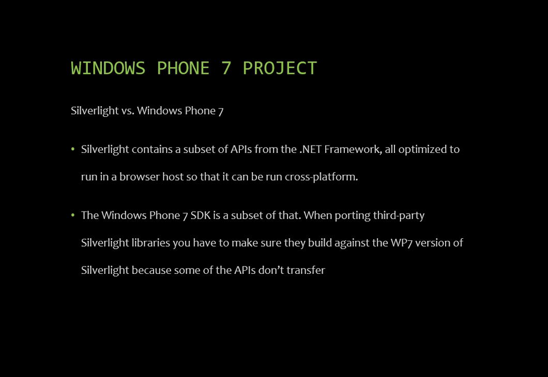Windows Phone 7 SDK is a subset of this, that is Silverlight. When porting third party Silverlight libraries, you have to make sure that they build against the version 3 of Silverlight, because some of the APIs it won't be possible to transfer.